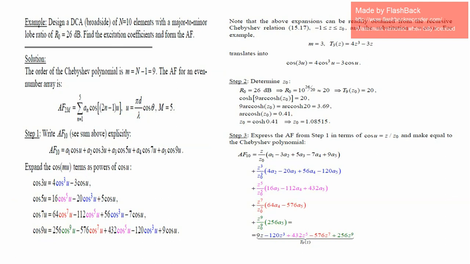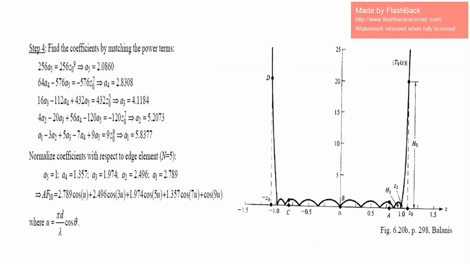In that equation we find this. Then we determine z0, which is equal to 1.0815. Then we find the expression for the array factor, and finally we find the coefficients by matching the power terms and normalizing.